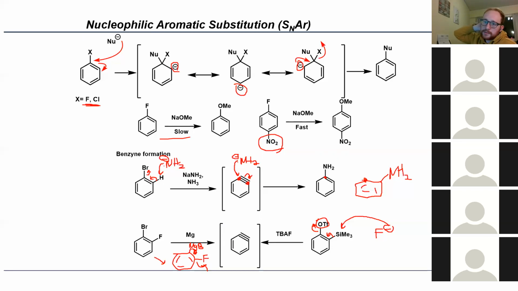But that substrate is suitable for nucleophilic aromatic substitution if going through a benzyne mechanism, right? You could treat that compound with a strong base like sodium amide, go through a benzyne mechanism, and do the nucleophilic aromatic substitution. And that's further stabilized by the electron withdrawing group on the ring.